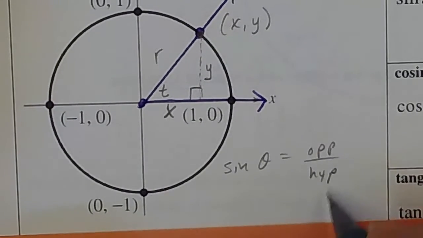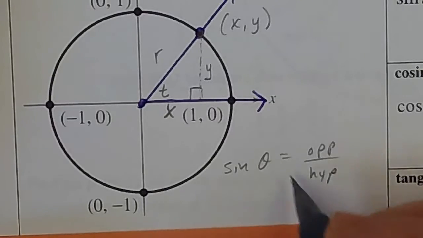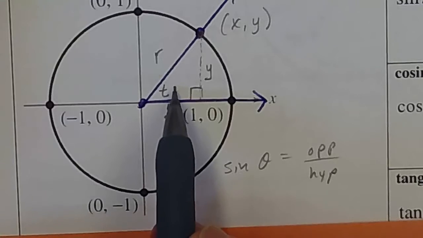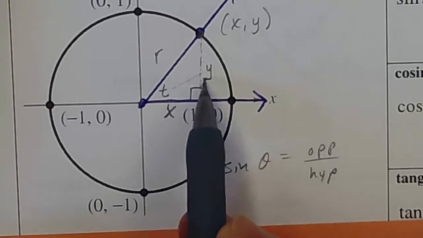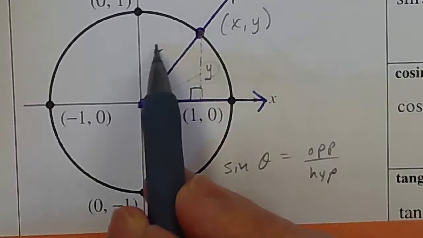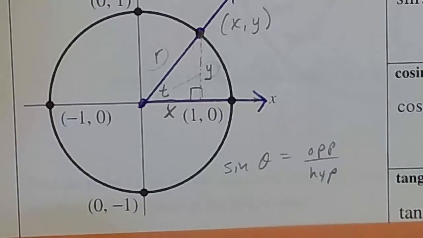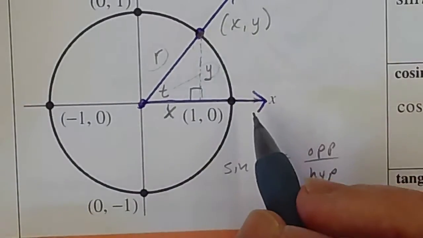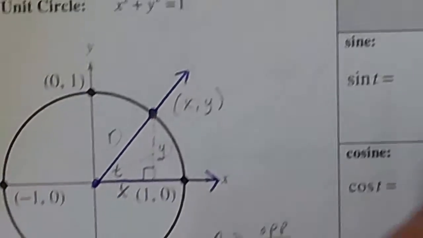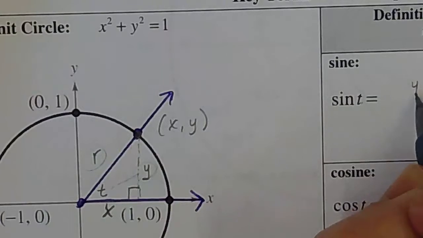If I'm using that old right triangle trig definition, what is opposite of theta or angle t? Well, opposite's across. So it's y, and then what's the hypotenuse of this triangle I created? r. So sine of angle t, when using the unit circle, will always just be the y coordinate divided by the radius. Write that down right over here.